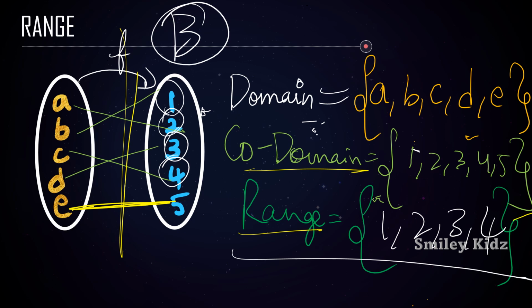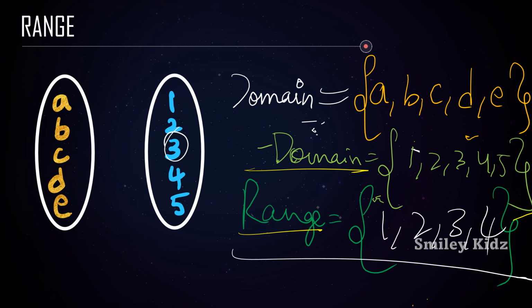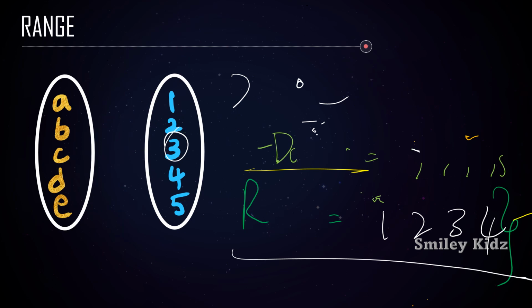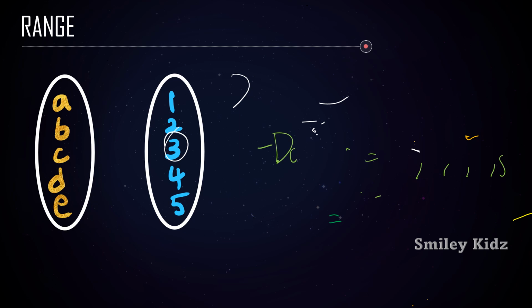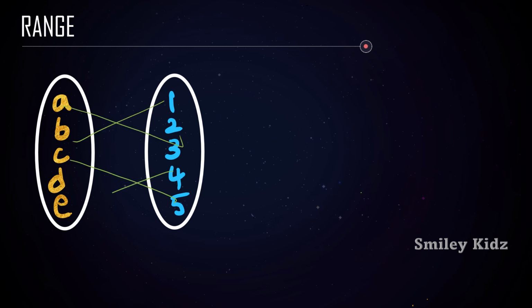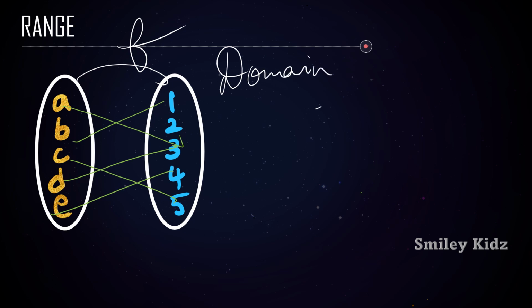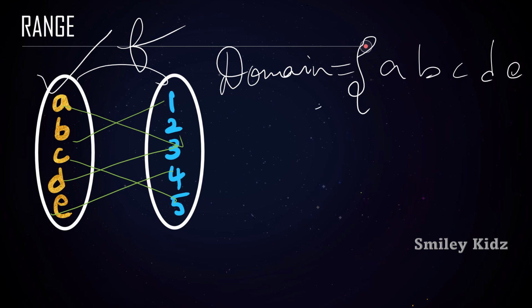All right. Now, let me give you a challenge over here. Well, if I say my mapping is in this manner, is this a function in the first case? Well, it is a function because there's a unique mapping for the elements. All right. Now, if I need to find out domain, it is set A, that is all the elements of set A: A, B, C, D, E. Fine.